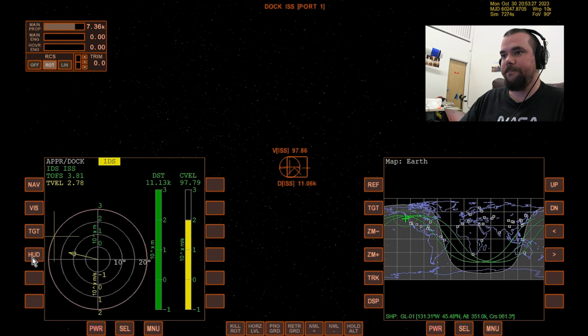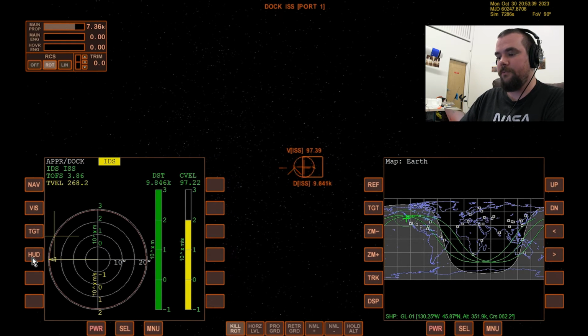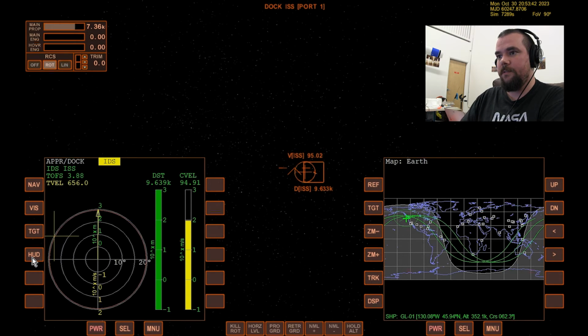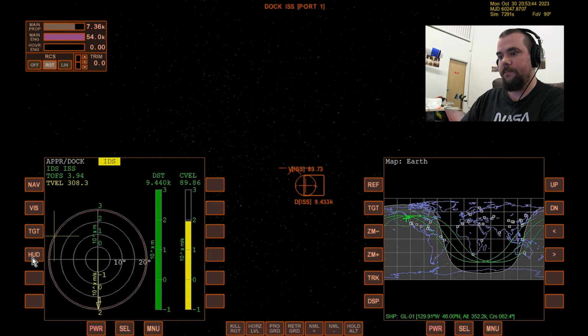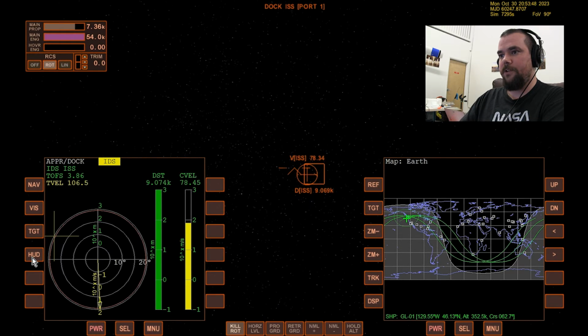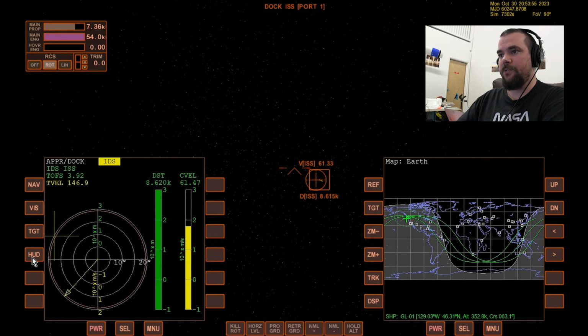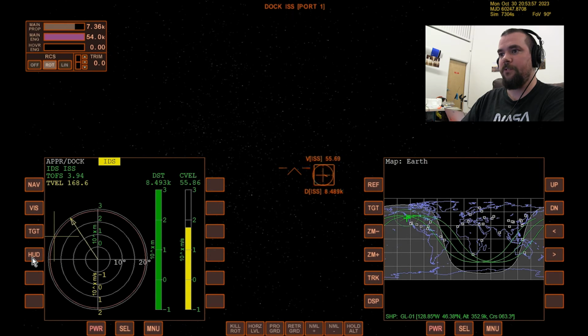So, okay. Transrotation. 10 kilometers and closing very quickly. By doing these real small rotation movements, I'm able to change my direction a little bit.